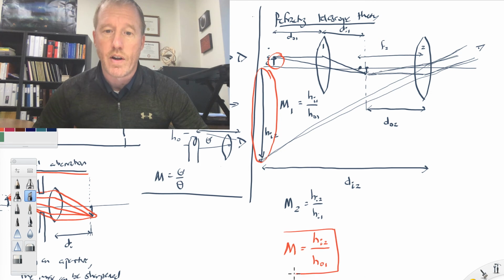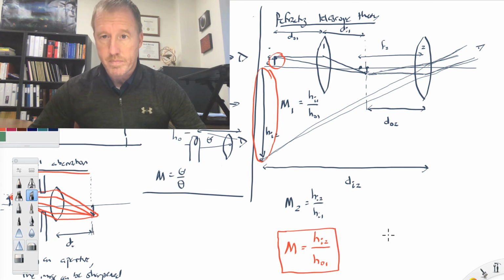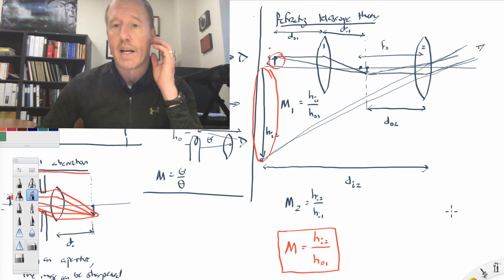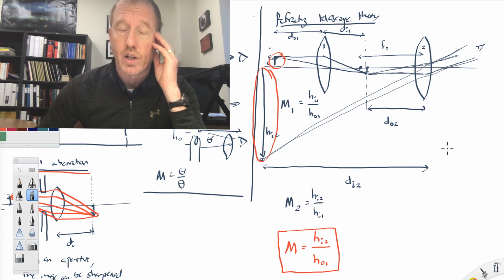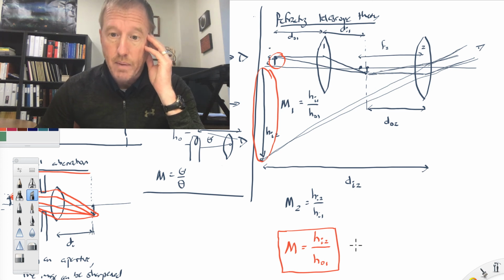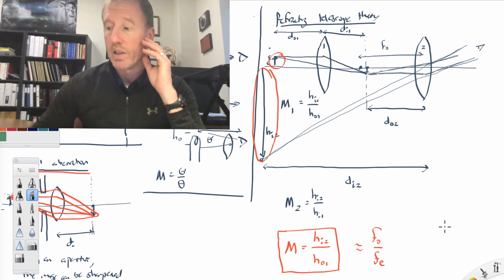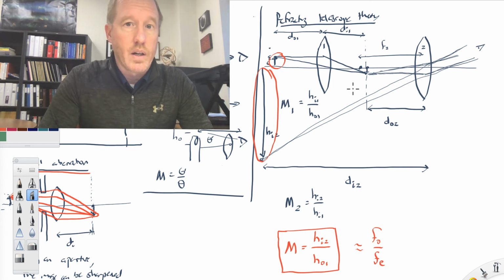So I want you to find the magnification of your entire telescope using this method. You'll need to go back and look at the measurements when you designed your telescope in last lab, these various distances that you recorded in your lab book. And by the way, this should be about equal to the focal length of the objective lens divided by the focal length of the eyepiece lens. Okay, so hopefully that will get you going on this lab, and I wish you success.